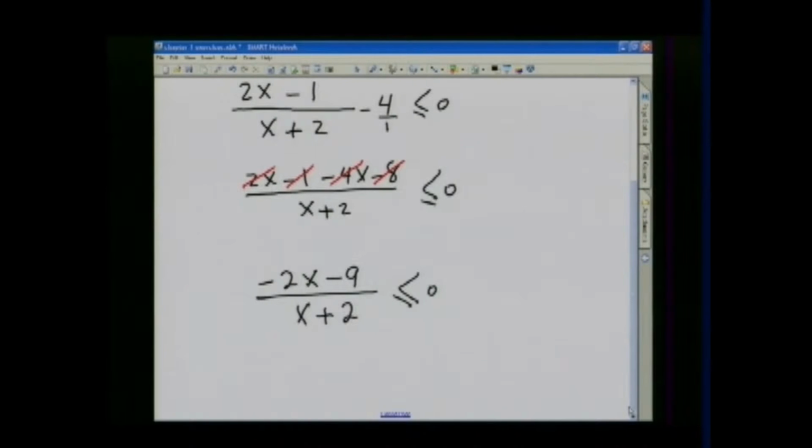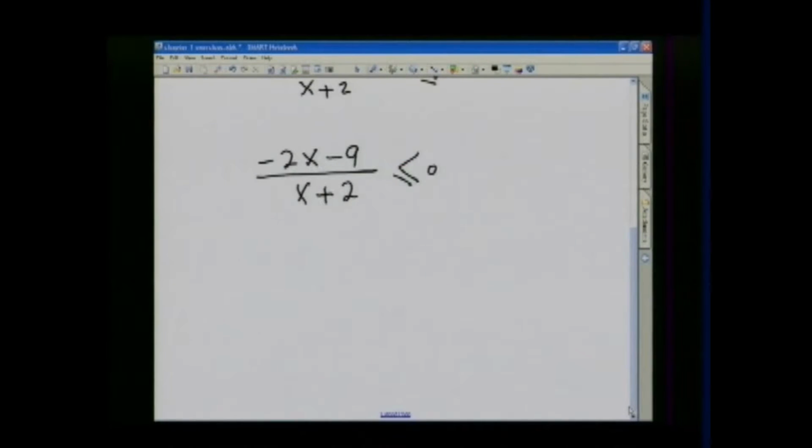Now we're going to use the number line to continue finding the answer. For this inequality, we set the numerator and denominator each equal to 0 and solve for x. So you have minus 2x minus 9 equal to 0. Therefore, minus 2x equal to 9, therefore x is equal to minus 9/2.